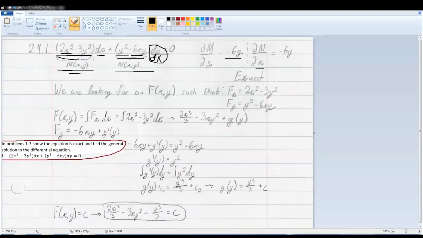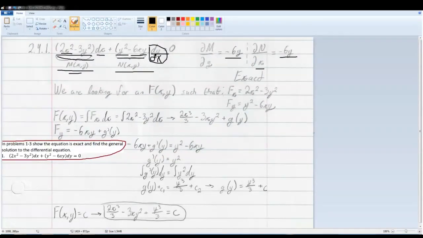And now we have minus 6xy. We basically in our heads set y to 1, and the derivative of x is just 1. So what are we left with? We're left with negative 6y. And therefore, our partial derivative in terms of x is negative 6y. And as you can see, these are both equal to each other, which basically means that we can solve this differential equation using this particular method.